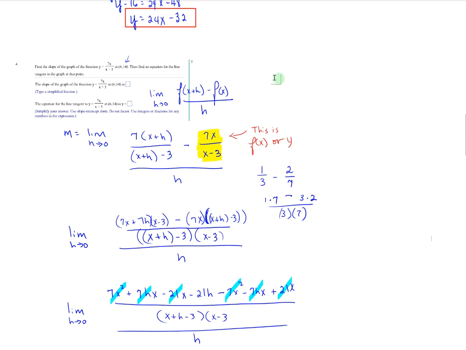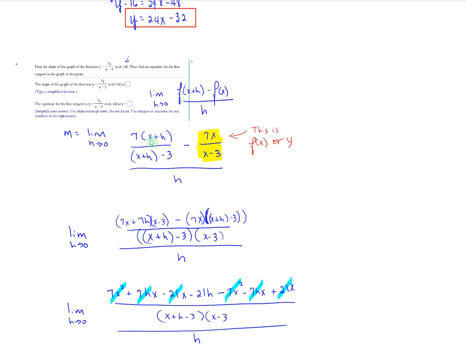We're using this one, approaching it a little bit differently. We have y minus y, where this y is the original that we're given, that's your f of x, and this is f of x plus h. So this is 7 times (x plus h) over (x plus h minus 3), minus that all over h, limit as h goes to 0.